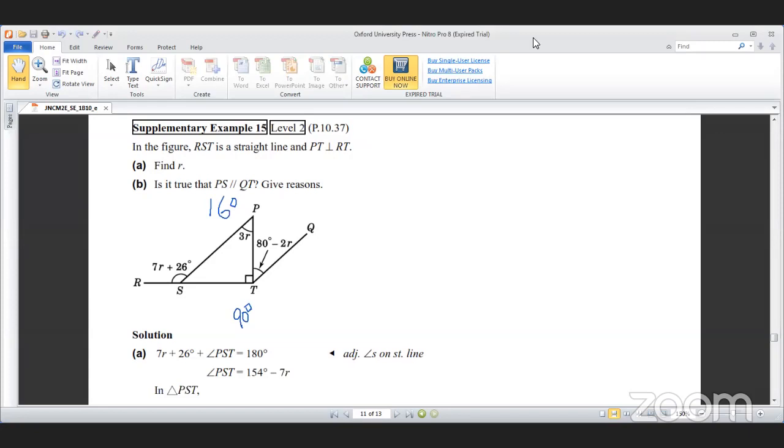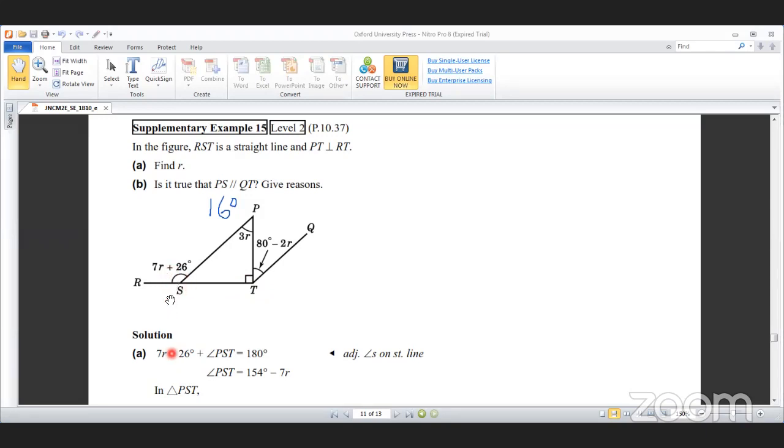Now, in this case, to find angle PST, you can just compare which one is easier. It needs to find angle PST first.